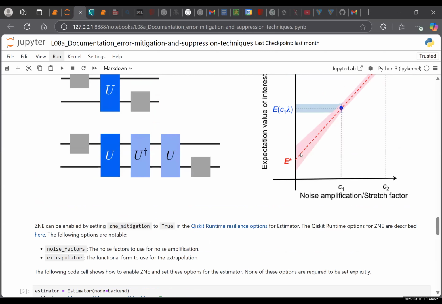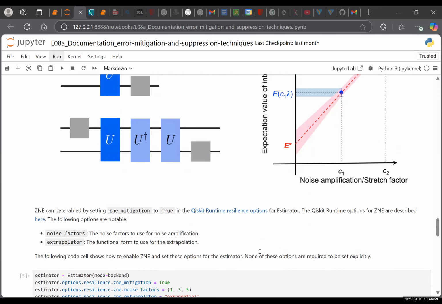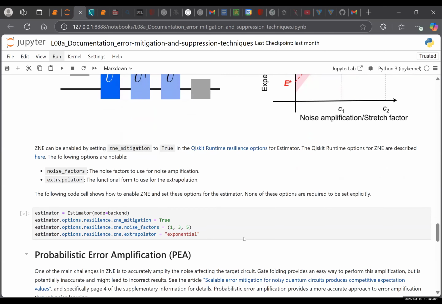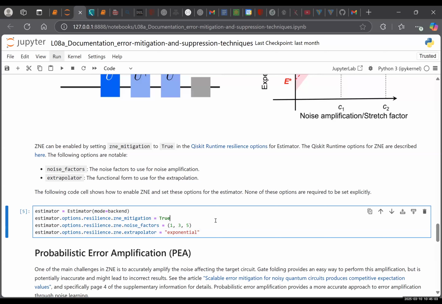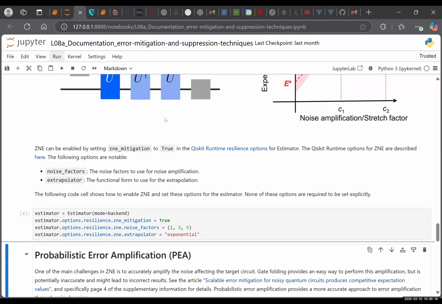You could also do the linear if these are small numbers, like all the noise factors are small, then you could just do linear extrapolation. Yeah, so this is how you enable that. This is also in the resilience options there.